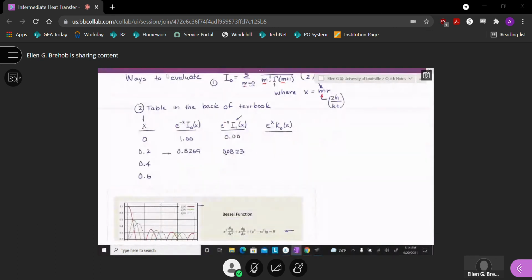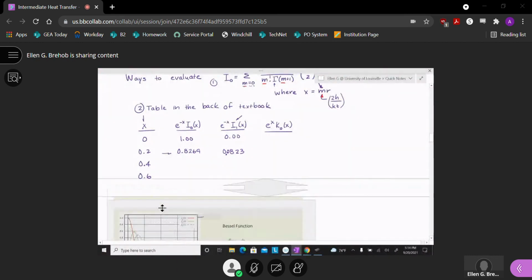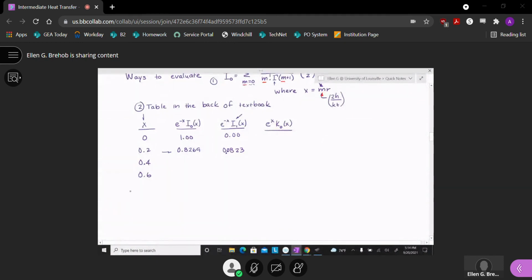Okay, one way, and you might like this one, in Excel. Okay, so you use the equal sign to say that you're going to use some kind of function. And then in our case, I'm going to put an I in because we're doing the modified Bessel function of the first kind.